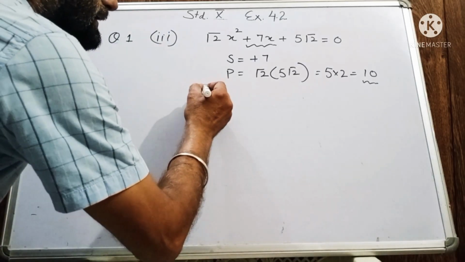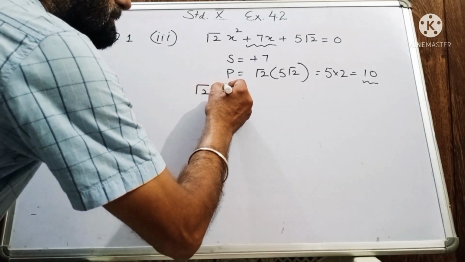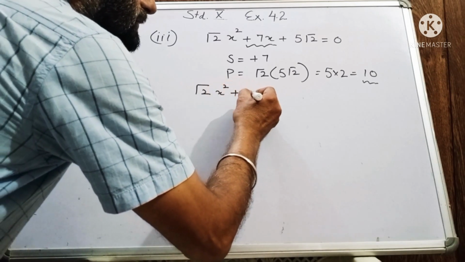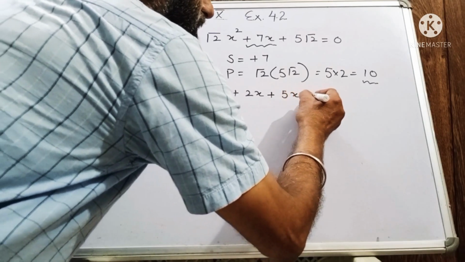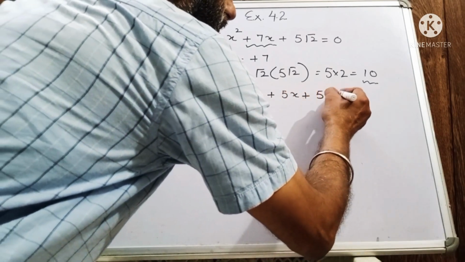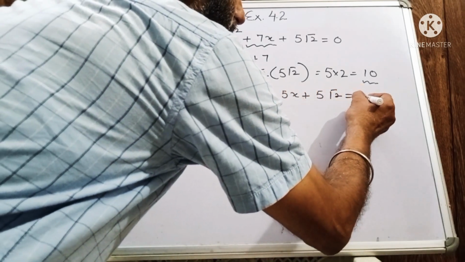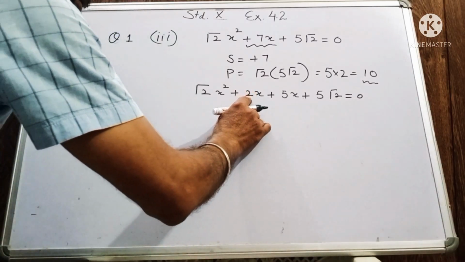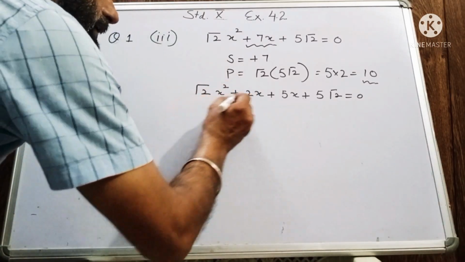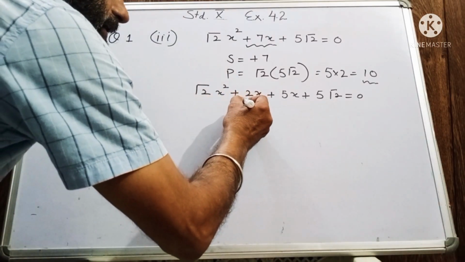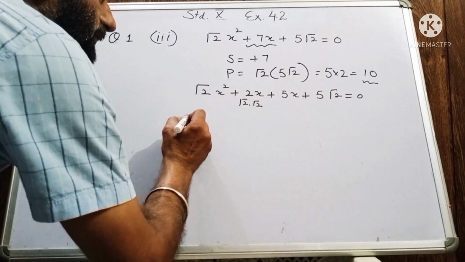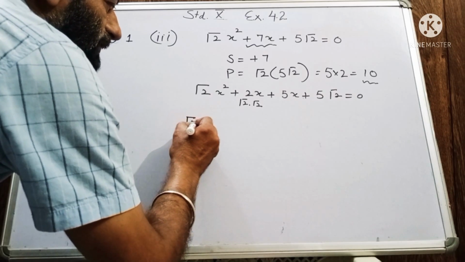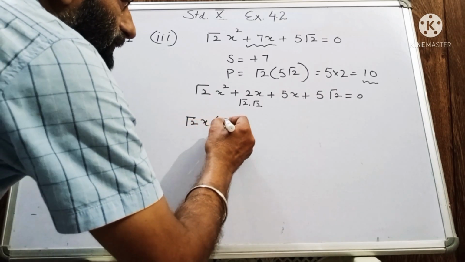We will rewrite it as under root 2x square plus 2x plus 5x plus 5 under root 2 is equal to 0. Now to take under root 2 common from here, this 2 we will write under root 2 into under root 2. Under root 2x is common from the first two terms. What is left?